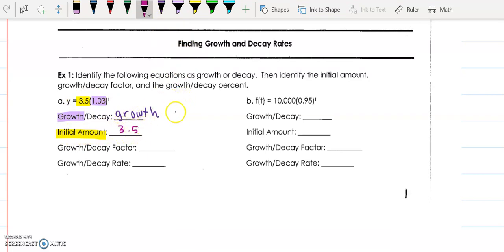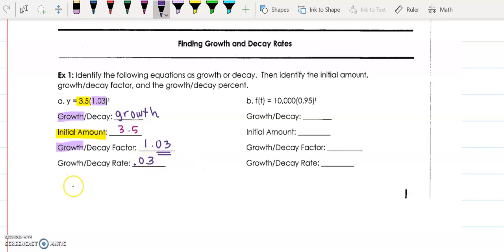So at the start of this function, or on the y-axis, we would see the 3.5. The growth factor is 1.03. And so the amount that has been added to that 100% is 0.03.